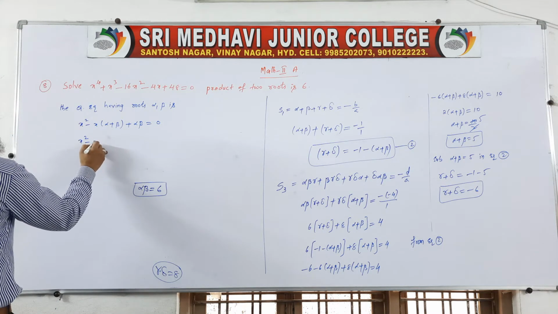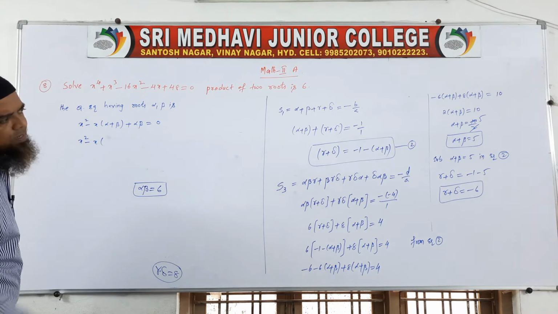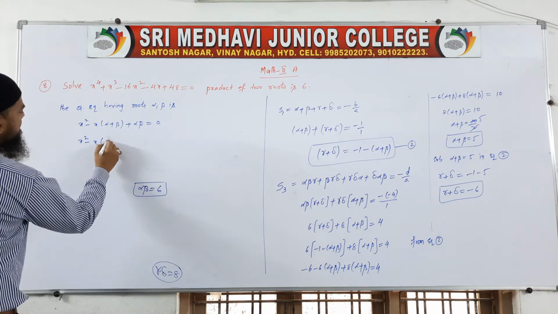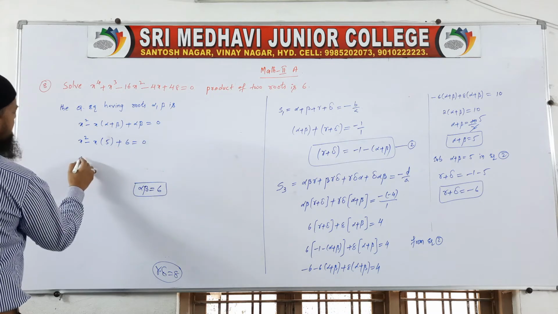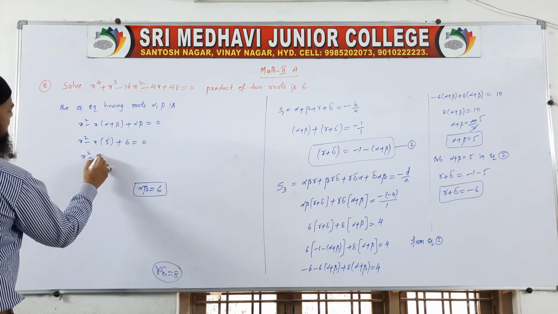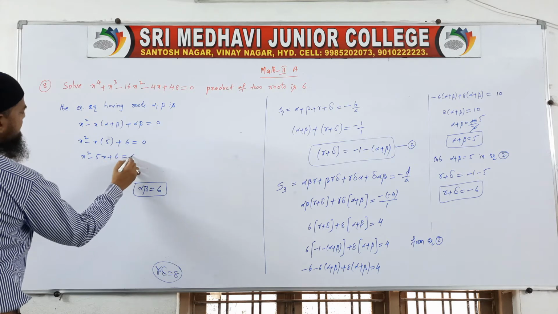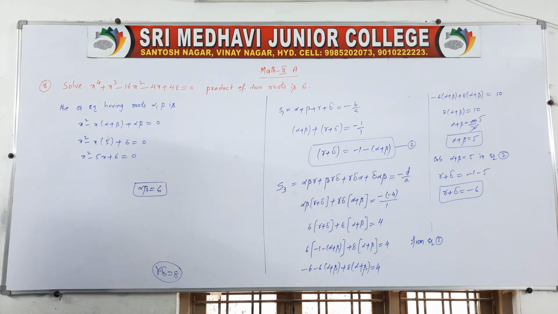So x square minus x into, what is alpha plus beta? That is 5. What is alpha beta? 6, is equal to 0. So x square minus 5x plus 6 is equal to 0.